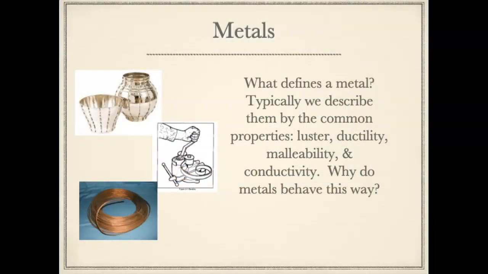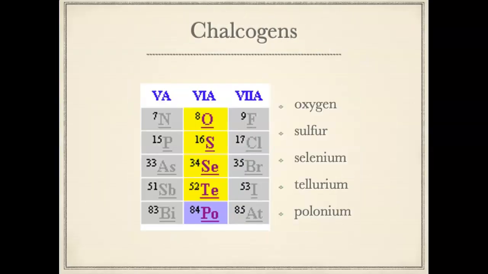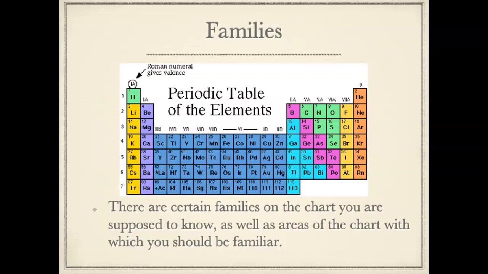So let me go back a couple slides and talk about these elements here. You notice that we have these elements in purple. Everything to the left of the elements in purple would be metals. So all these elements all through here are all metals, and that would include the lanthanides and actinides. They're metals.